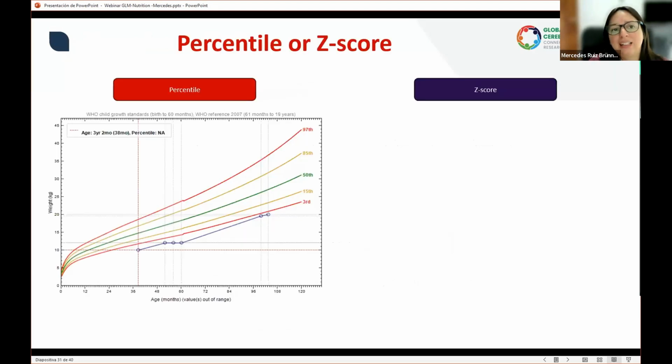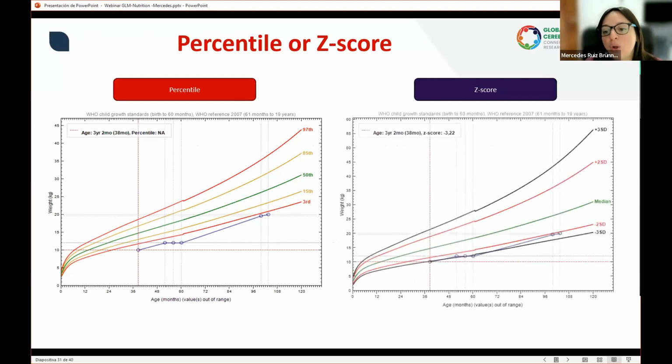And why did I say that we should use z-score instead of percentile? When we measure a child here with percentiles, we can see that he's lower than the 3rd percentile. So we will consider him or her with undernutrition. I don't remember if it's a boy or a girl. But if we do the same anthropometric evaluation with the z-score, we can see that he was severely underweight, and now he's underweight.